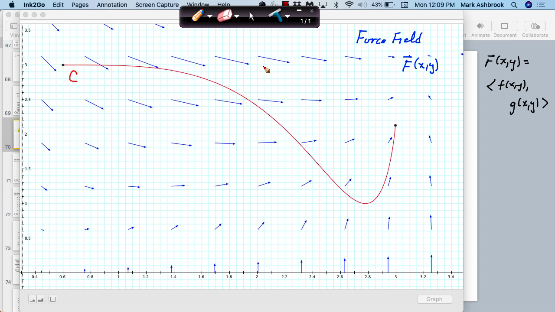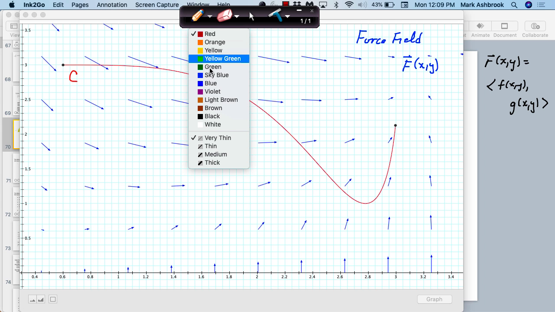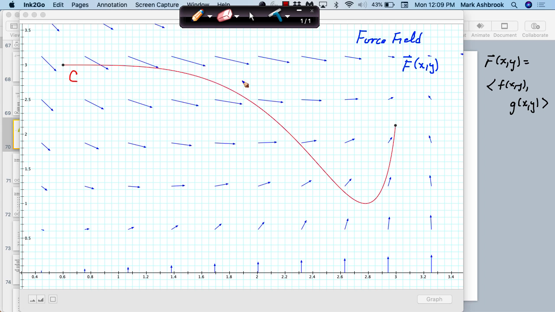Okay, so maybe right here at this point is a vector like that. I'm trying to just look at the vectors around, and no, maybe not. Maybe more like this. All right, so suppose that's the vector associated with that point on the curve.